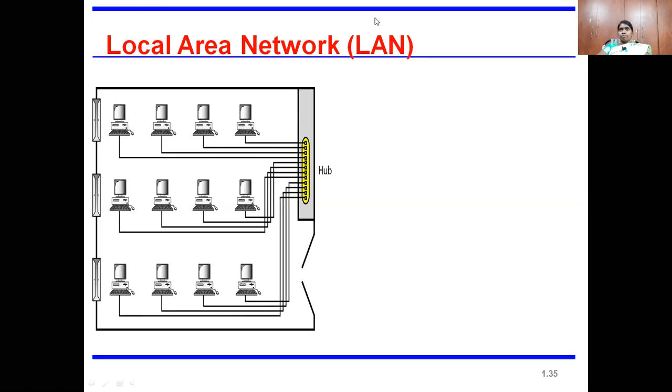Suppose this is my A system and this is my F system. Suppose I want to transmit any data from A to F, is it possible? Yes, it is possible. Like this, we can transmit data.